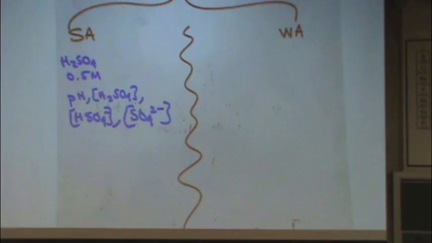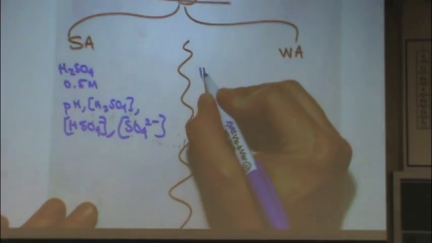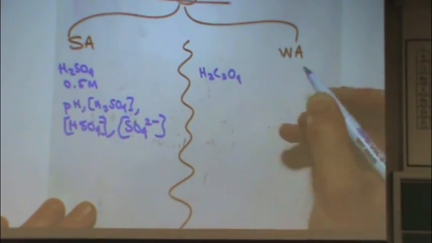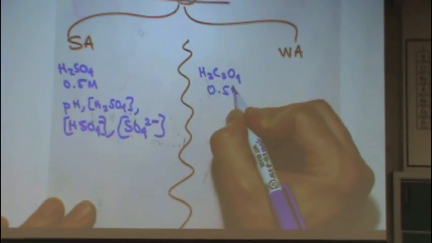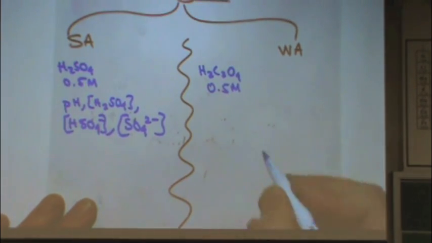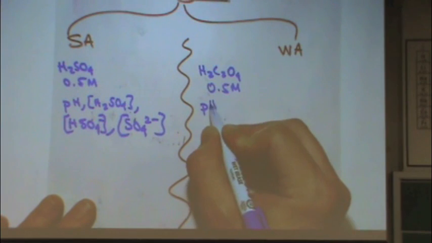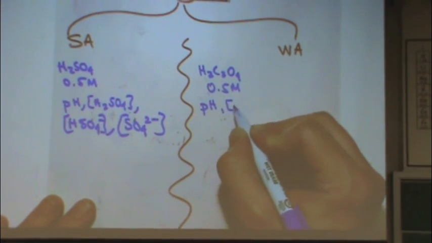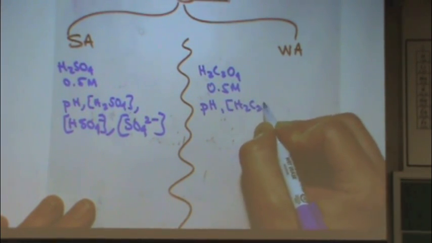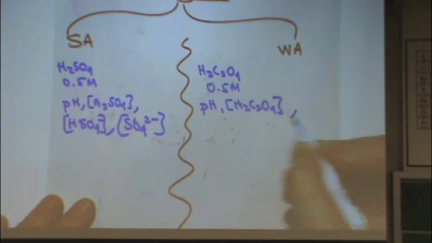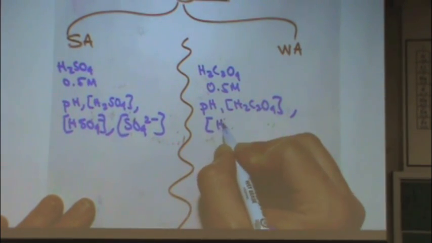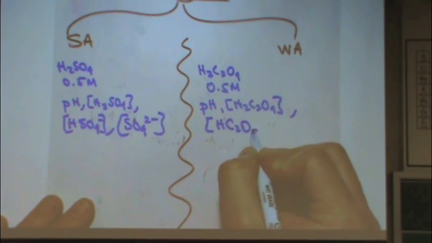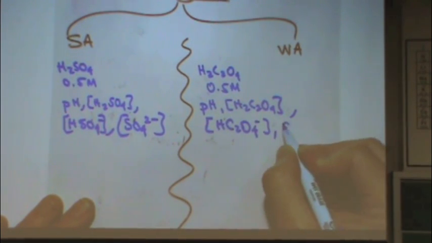Let's just do oxalic acid. So that's H2C2O4. Let's say this is 0.5 molar as well. Okay. And let's say I also wanted to know pH. I could ask for the concentration of H2C2O4, the first loss of the proton, and the second loss of the proton.